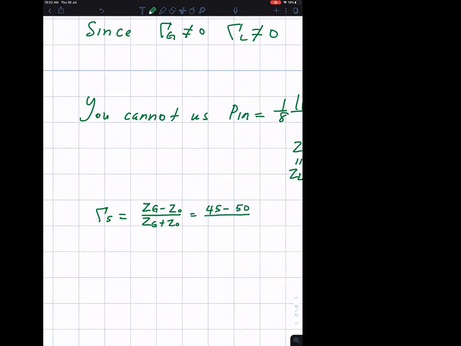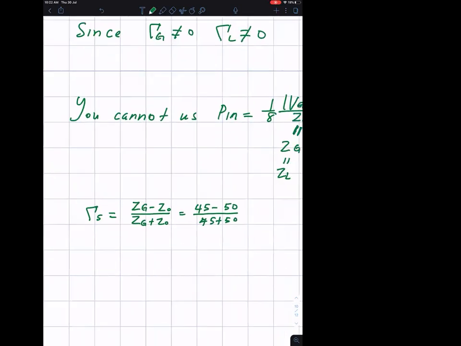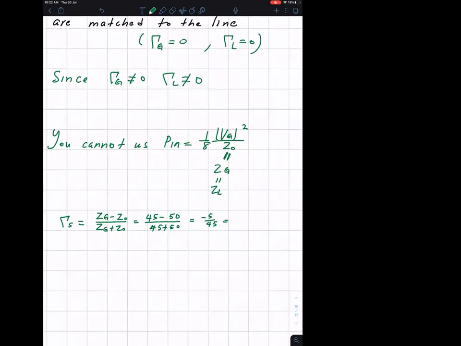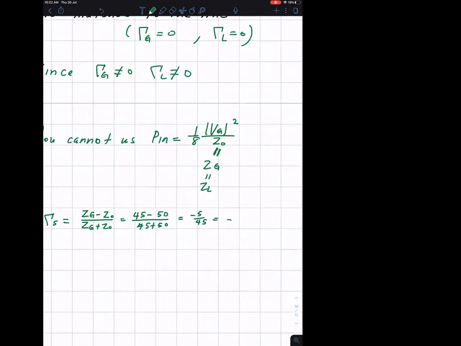ZG is 45. The characteristic impedance of the line is 50. So there's a small reflection coefficient.